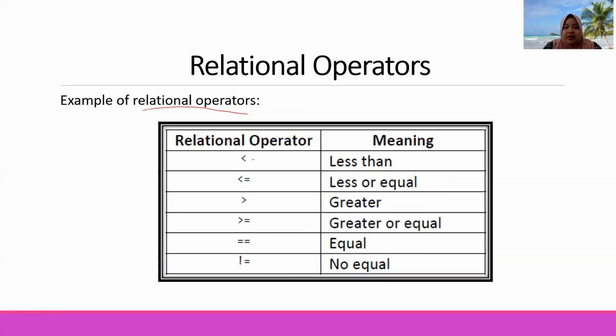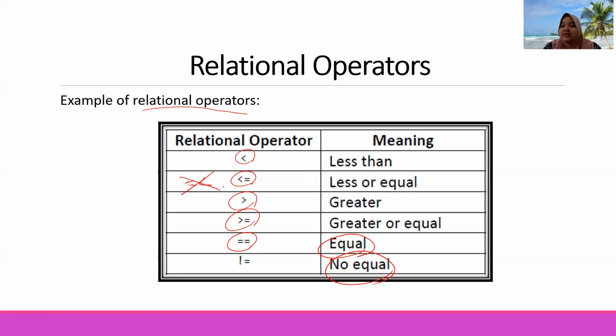Please remember, you have the less than or equal, greater than or equal, equal, and not equal. Remember, selalunya yang selalu dorang akan buat silap adalah macam ni. Ada student saya buat macam ni.